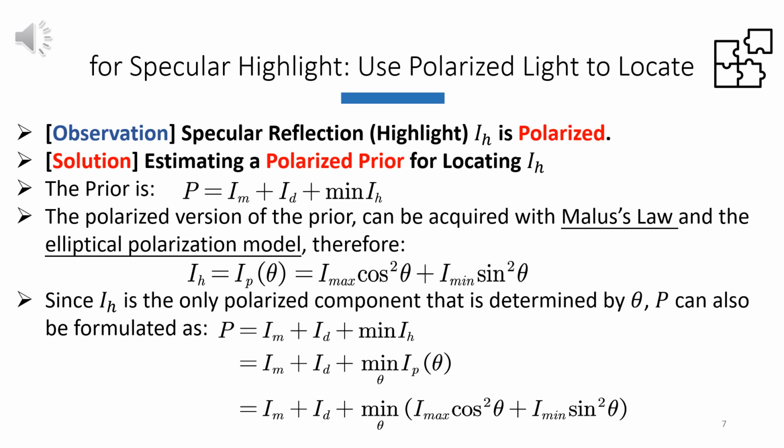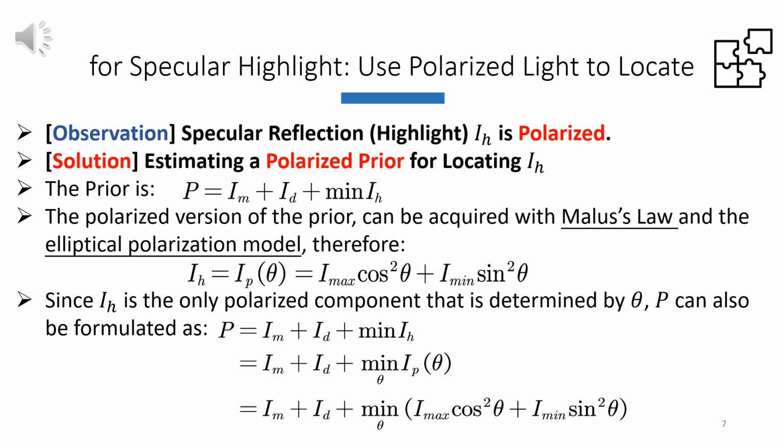This characteristic varies with the angle of polarization orientation, whereas other light components remain relatively constant. Utilizing this principle, we develop polarized prior P, which is defined as the optimized image I with the minimized specular highlight IH, as shown in equation 8. P equals IM plus ID plus minimal IH.